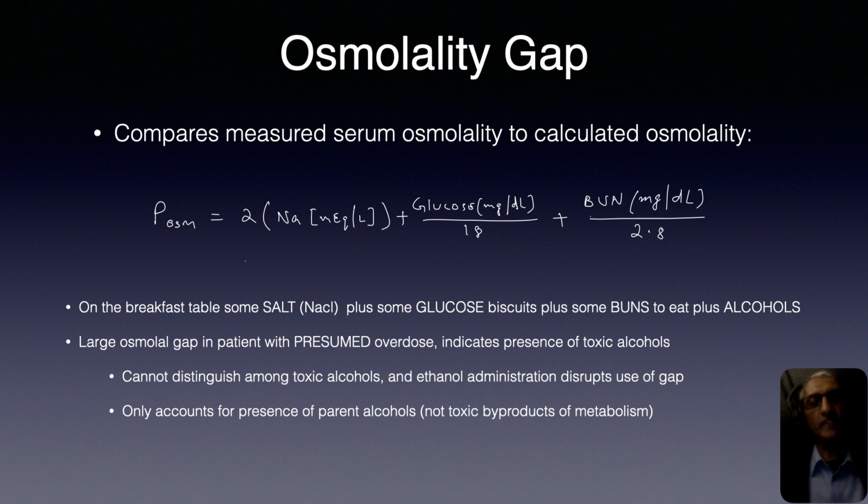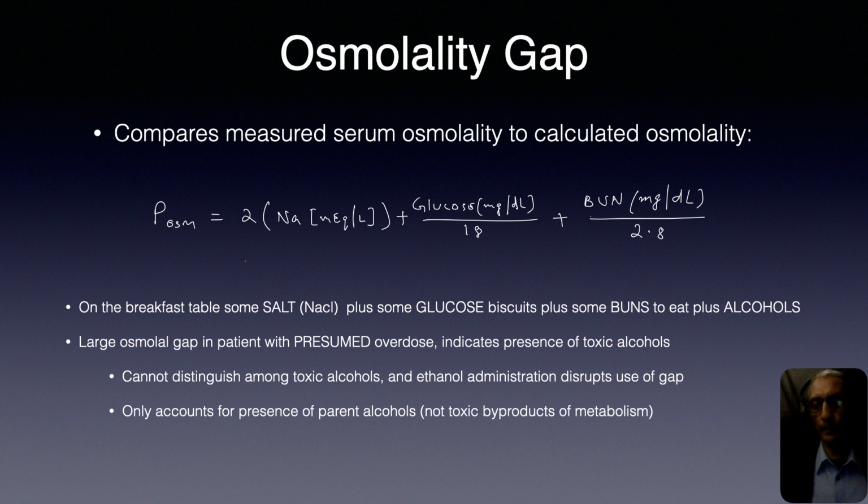These things, salt, glucose, and BUN, contribute towards the osmolality. Those are osmotically active particles. So the formula is: 2 times sodium plus glucose divided by 18 plus BUN divided by 2.8. This is the normal osmolality.